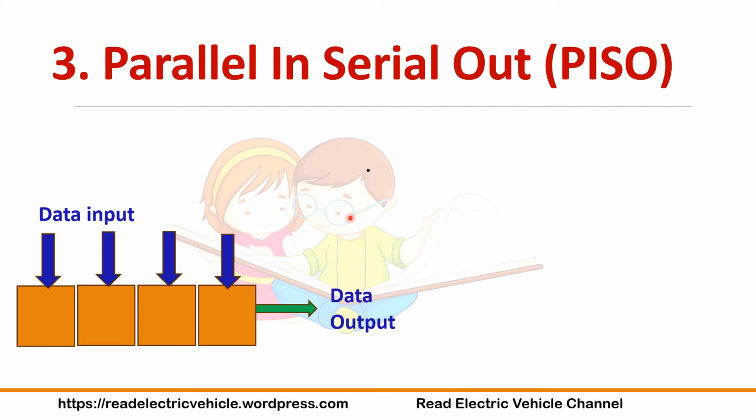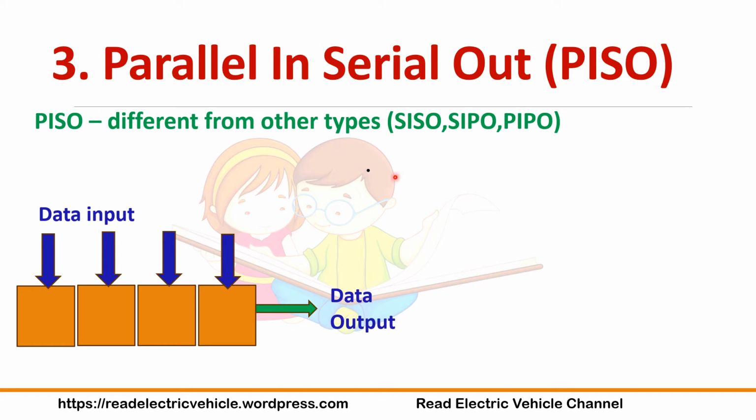This parallel in serial out shift register is completely different from the other types, because here we are giving the data; first we are loading the data. Once you load the data, the output in the last flip-flop is easily available. But if we want the other data, it has to transfer from flip-flop to flip-flop, and only then can we take it outside.